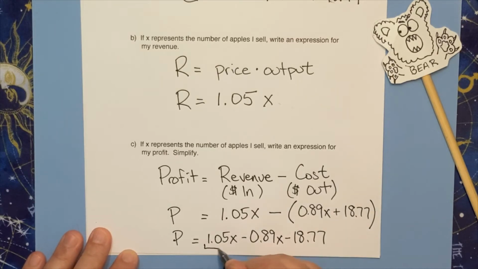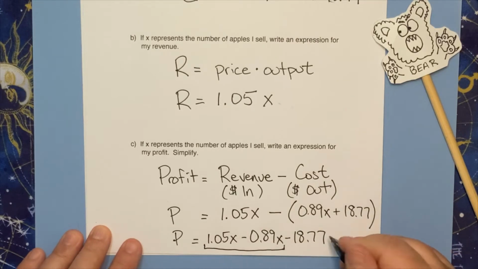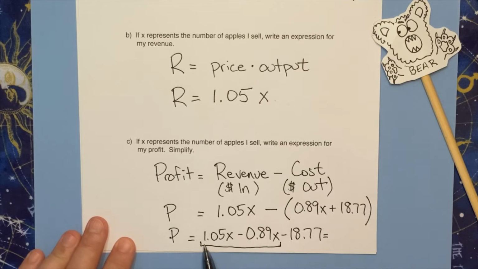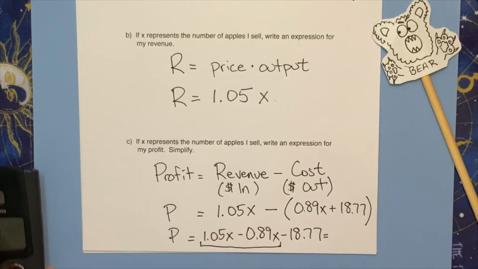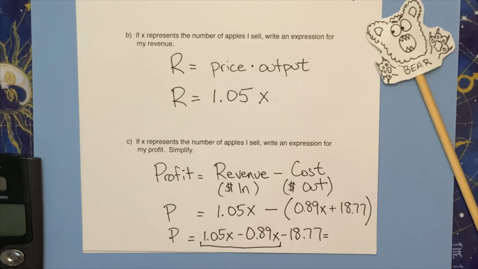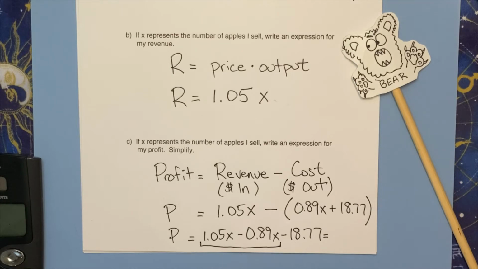So if you've done this correctly, fixed costs should have a minus in front of it. And I simply need to, except that I've totally run out of space. So let me see if I can get real squishy with it. I need to come up with 1.05x minus 0.89x, which you can go ahead and use your trusty calculator. You could do it in your head. I would recommend probably a calculator for the test because, you know, when you're taking a test, even if you feel pretty confident about something, the nervousness can make a lot of people make more mistakes.